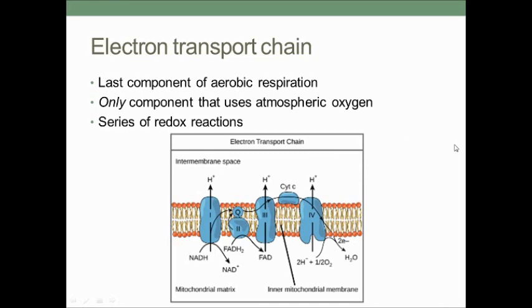So, just to orient you a little bit. They all sit as integral proteins within the inner mitochondrial membrane. Some are peripheral proteins like cytochrome C. And they're going to be shuttling these hydrogen ions into the intermembrane space from the mitochondrial matrix.